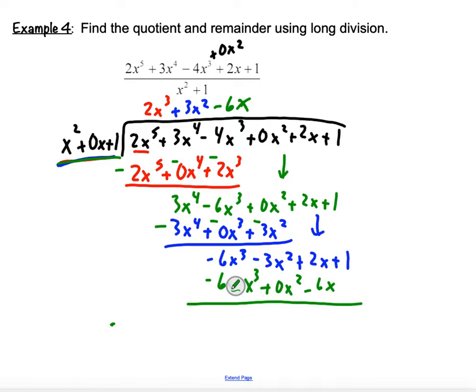Change the signs and add. Don't forget to bring down that plus 1.